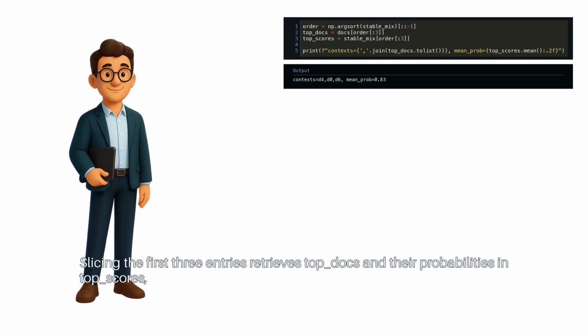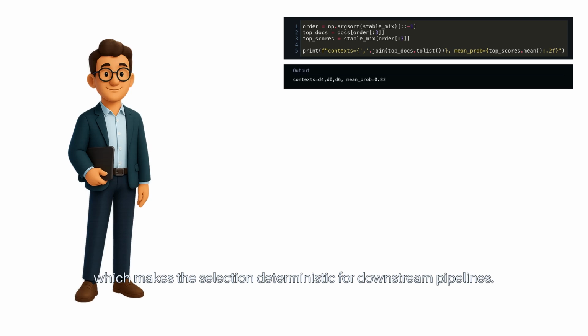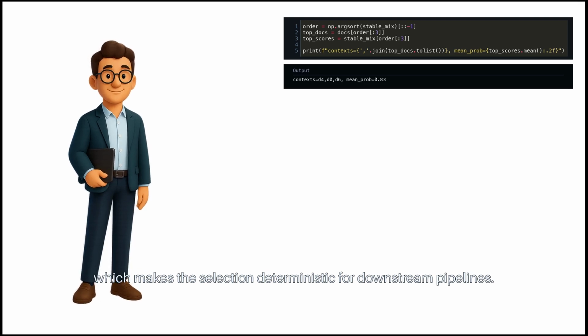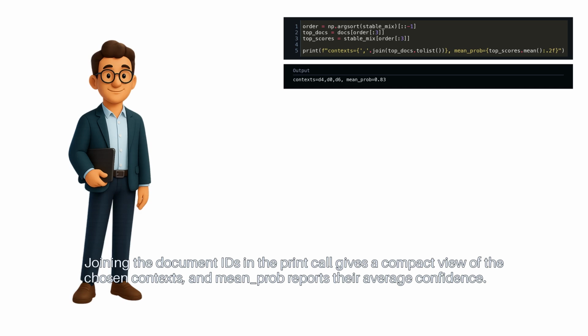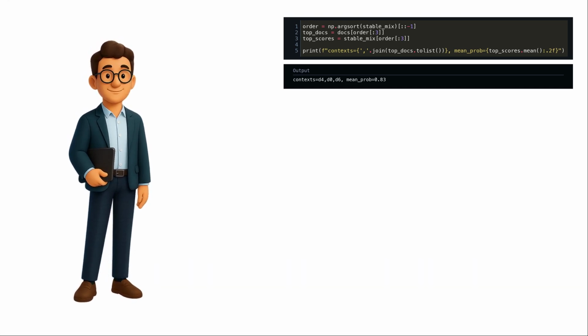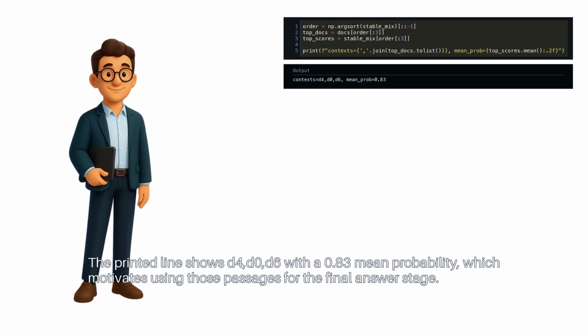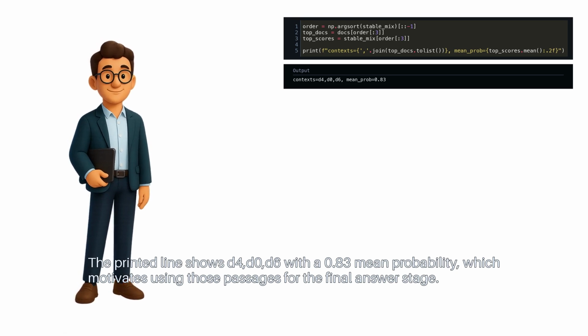Slicing the first 3 entries retrieves top docs and their probabilities in top scores, which makes the selection deterministic for downstream pipelines. Joining the document IDs in the print call gives a compact view of the chosen contexts, and mean prob reports their average confidence. The printed line shows D4, D0, D6 with a 0.83 mean probability, which motivates using those passages for the final answer stage.